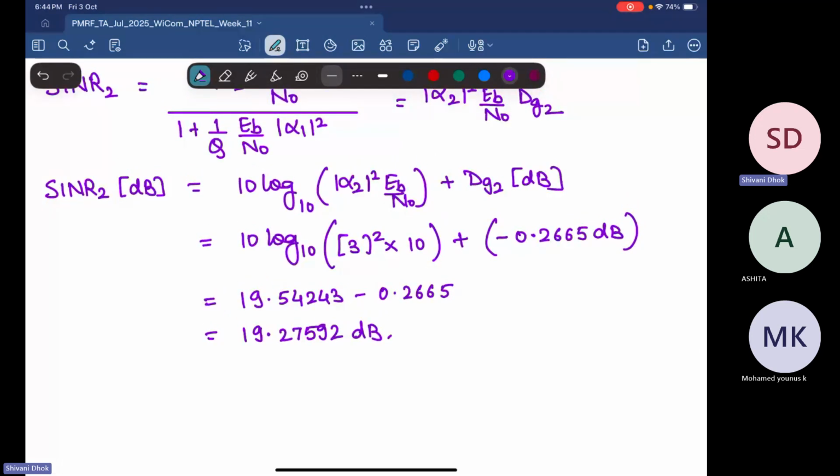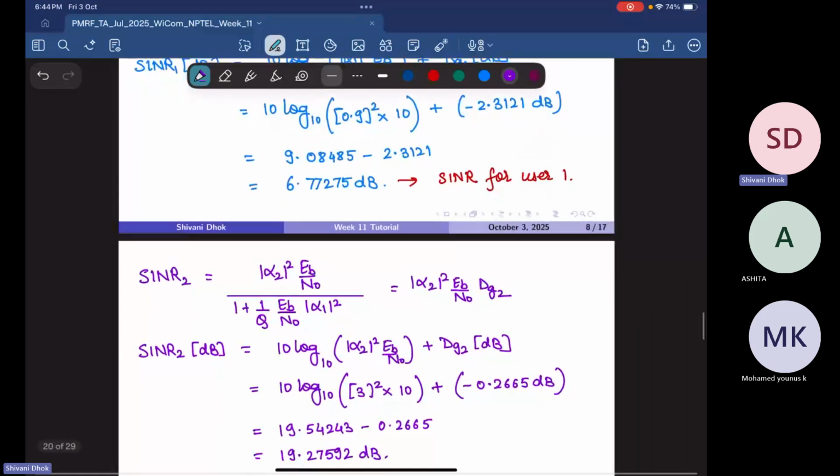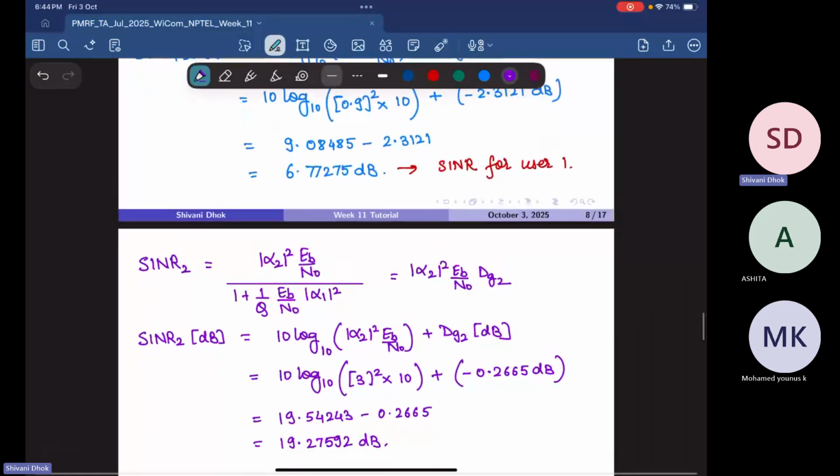So if you see, if you have different values of alphas, if you haven't set it to 1, then your SINRs are very different. Your SINR for user 1 came out to be 6.7 or let's say 6.8 dB, whereas that for your user 2 was 19.2 dB. So there is a difference of almost 13 dB.